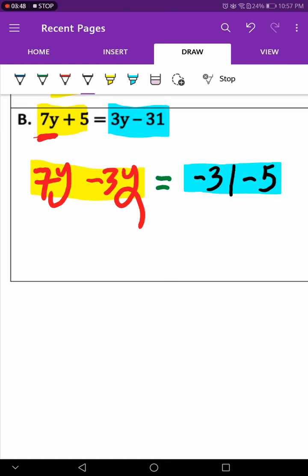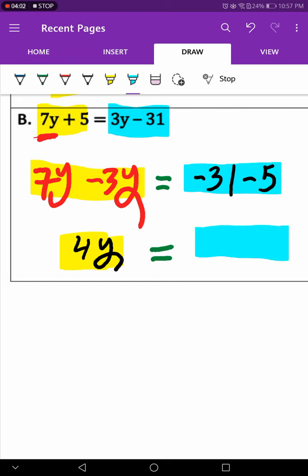I combine the terms here. On the left side, I will have 4y, and on the right side, it is negative 31 and negative 5. That means the grocery guy wanted from me 31 and 5 real, so it is negative 36.